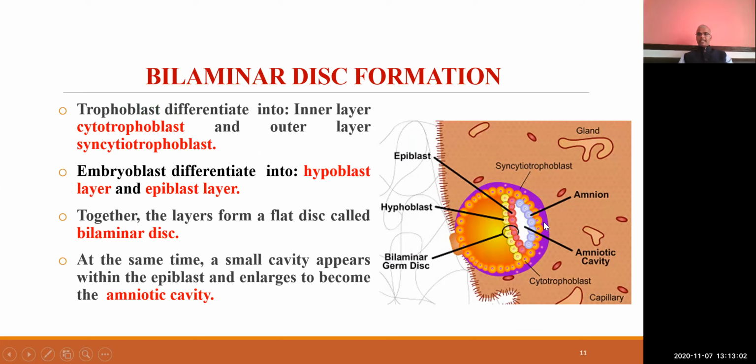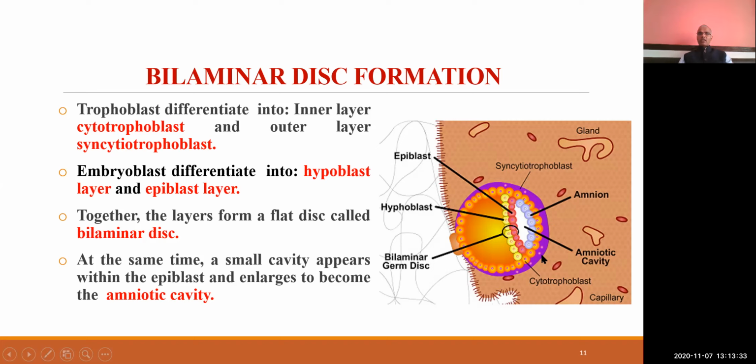The outer layer is called the syncytiotrophoblast; the cells are not divided and are multinucleated. The inner layer is called the cytotrophoblast.